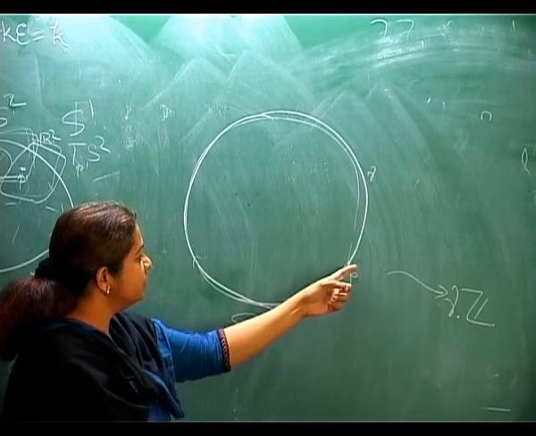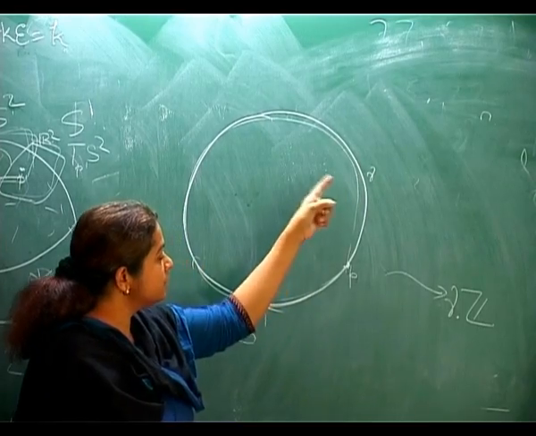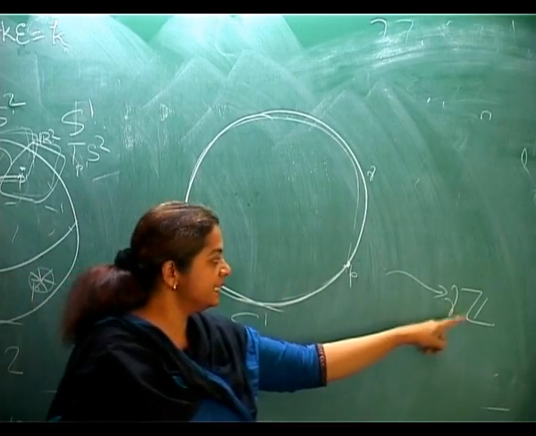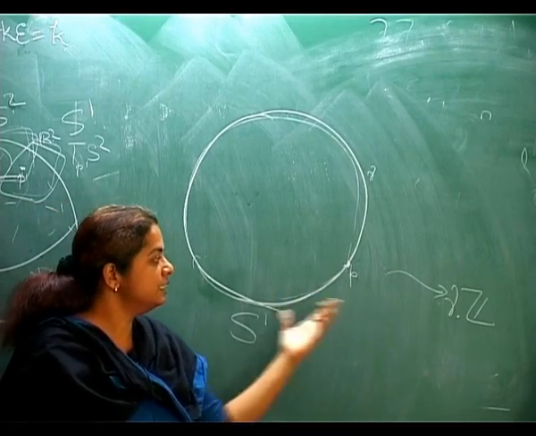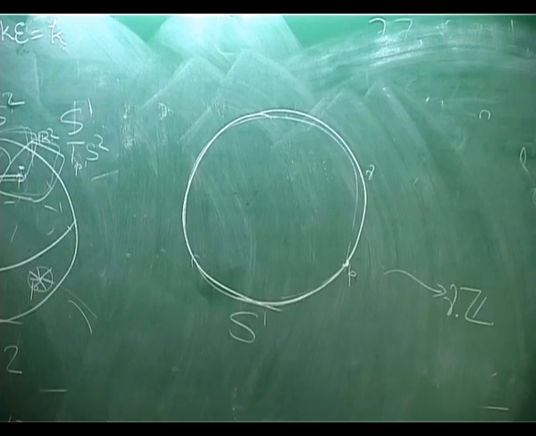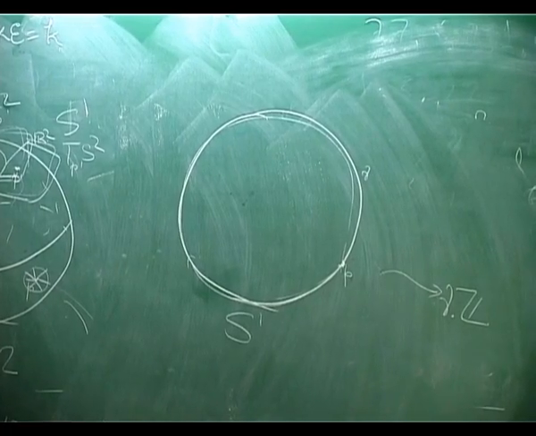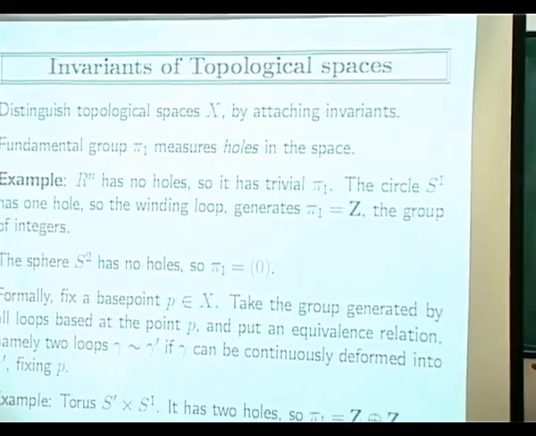And if I go in the opposite direction, I put a sign to it, so I would get the negative integers. So the group we attach to this circle is precisely the set of integers, which is just the winding number of a loop. So this is the group you would associate to your circle.